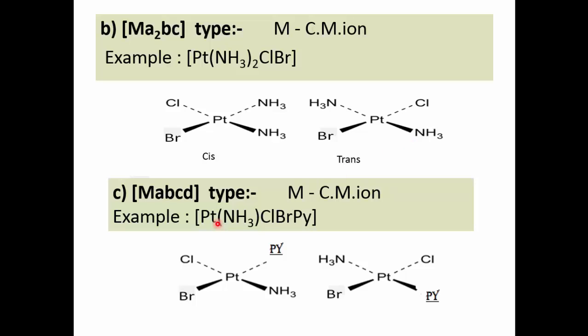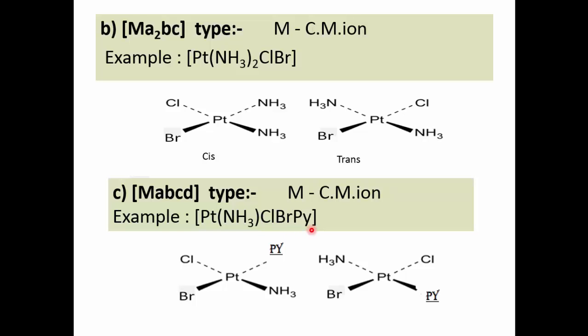Next one, C type. This is MABCD type. M is the central metal ion. A, B, C, D are the monodentate ligands. All donate only one electron pair to the central metal ion, form coordinate bond and form a coordination compound. See, this is the example, platinum. To this platinum, one ammonia, one chloride, one bromide, one pyridine is attached.